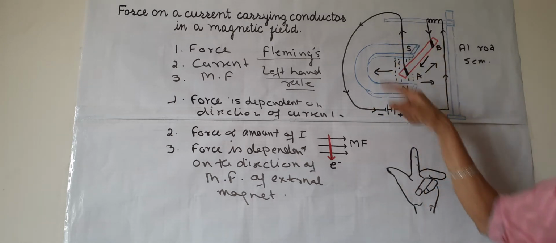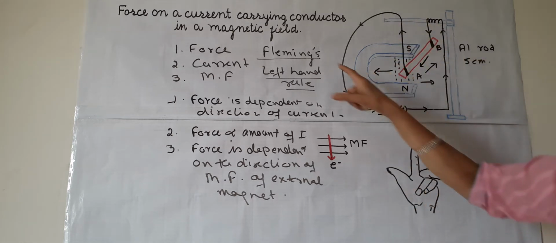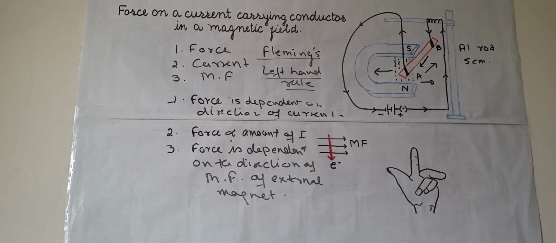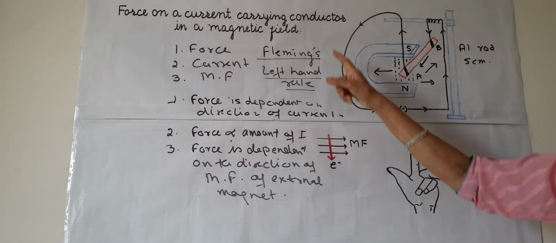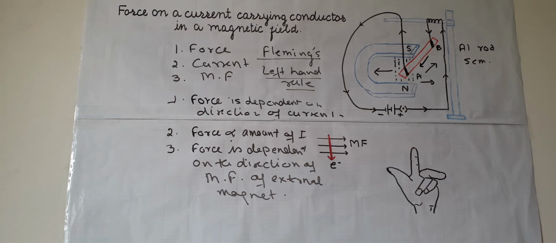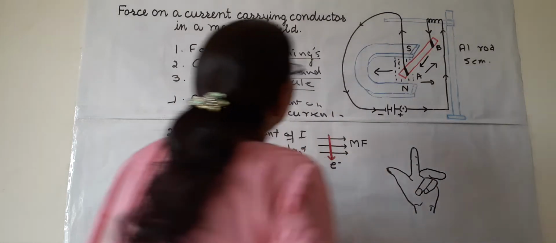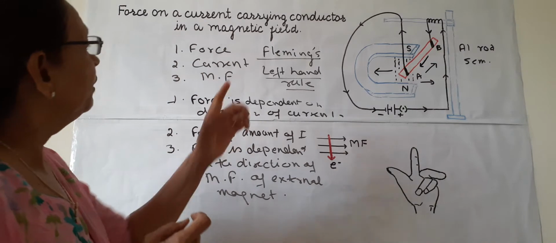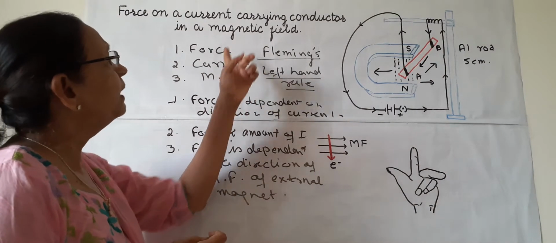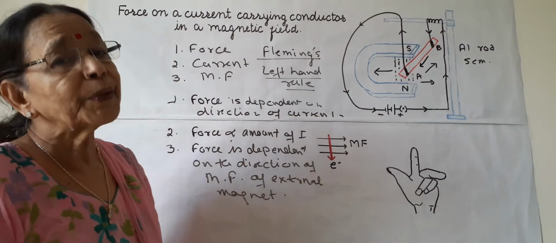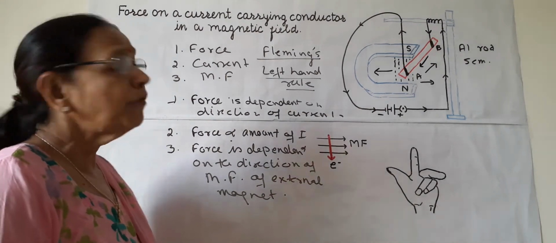This can be proved by Fleming's left hand rule, which is used in the motor principle. If we know current and magnetic field, then the direction of force can be known.